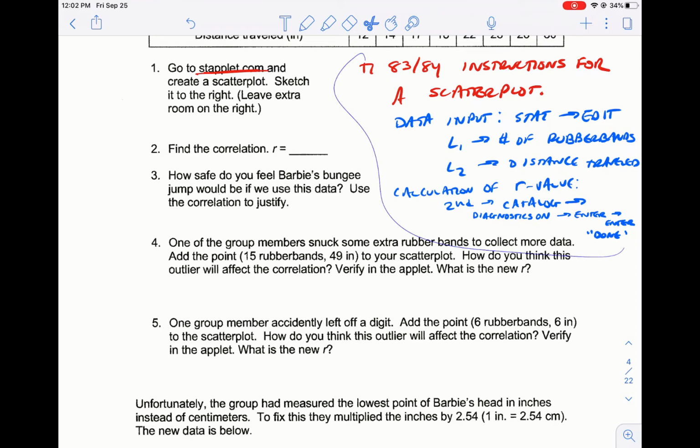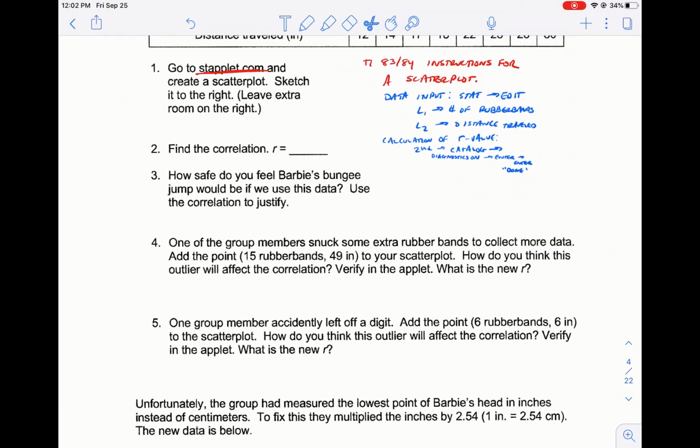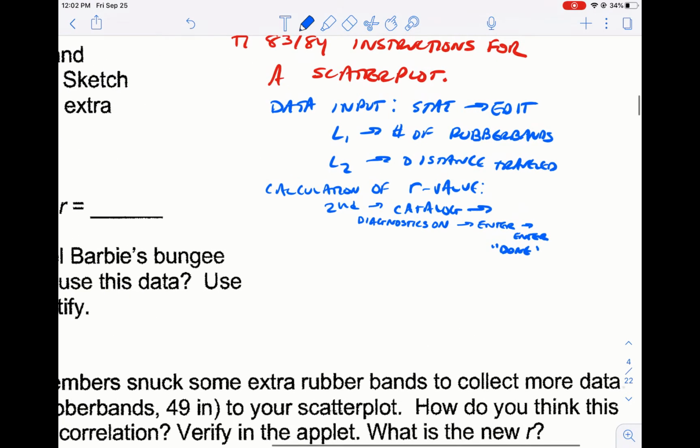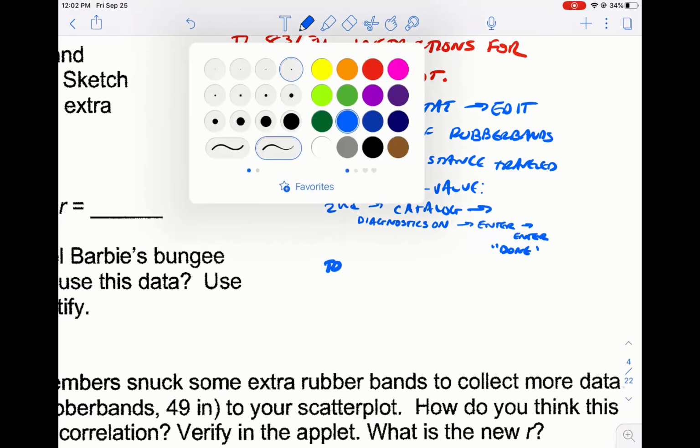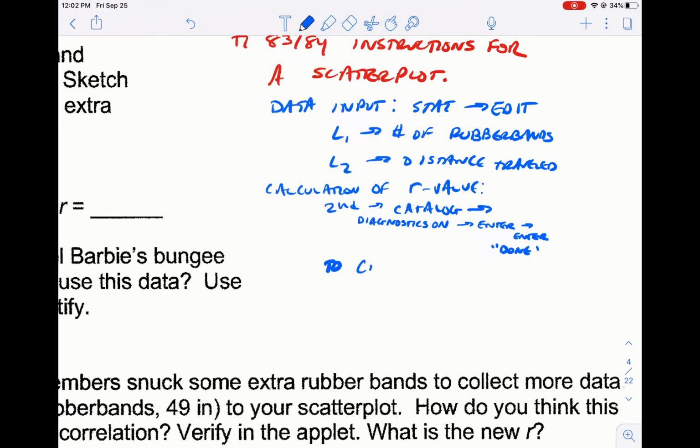I'm going to shrink this down because I've got some more things to say here and I ran out of space. So your diagnostics are now on. And to actually calculate, what you're going to do is go to Stat.